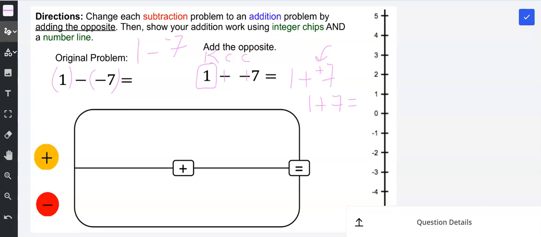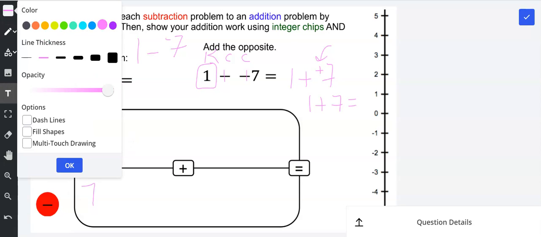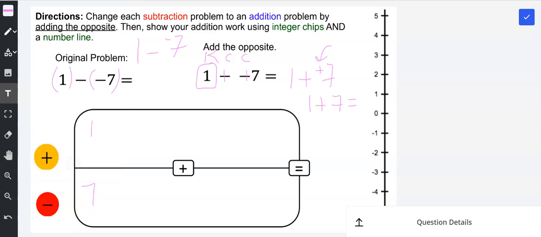So now we're going to take 1 and add 7. So I'm going to record 1 plus 7, and this time I'm going to move to the typing tool to show you that you could also just type these. I'm going to make this a little bit larger. So you could just type an addition sign to represent your yellow chip.